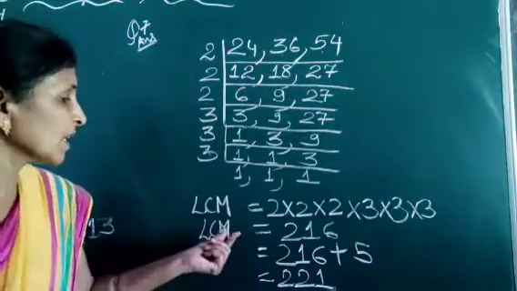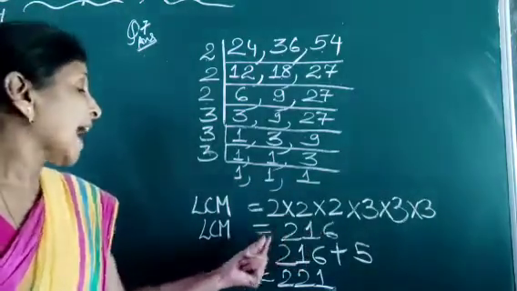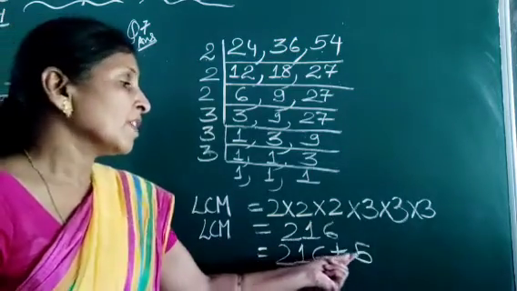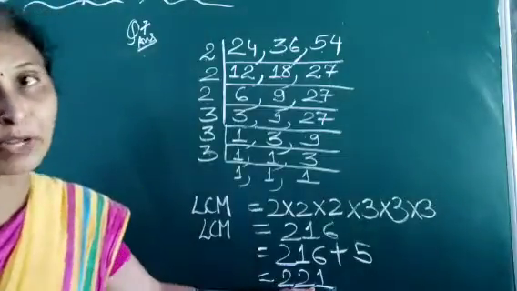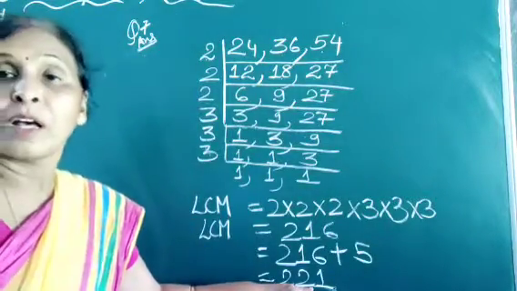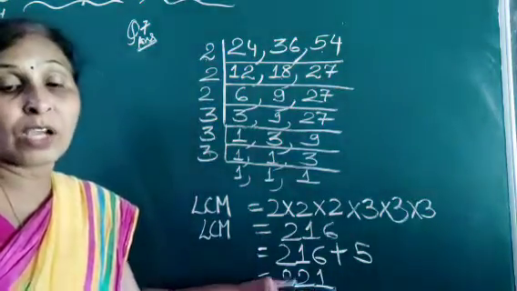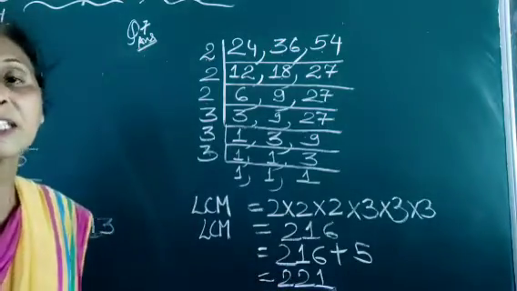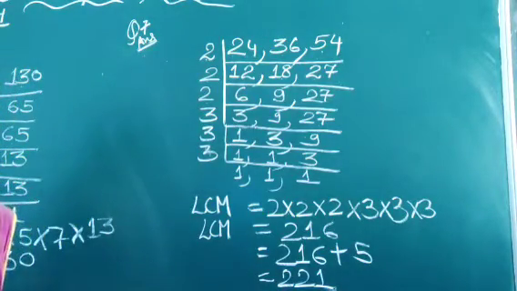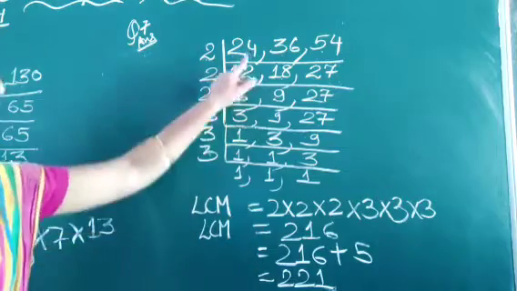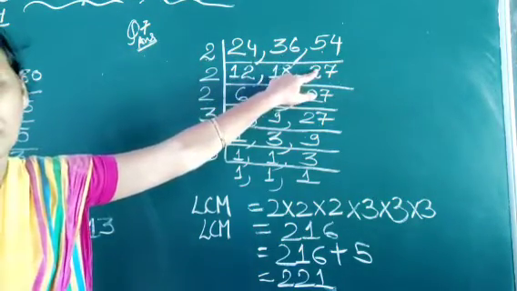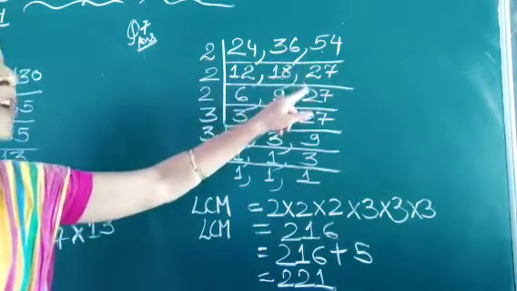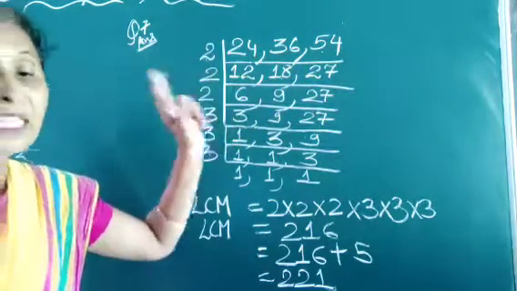Now LCM is 216, and in this number we add 5. Then comes 221, or we say that 221 is the smallest number which when divided by 24, 36 and 54 gives a remainder of 5 each time.